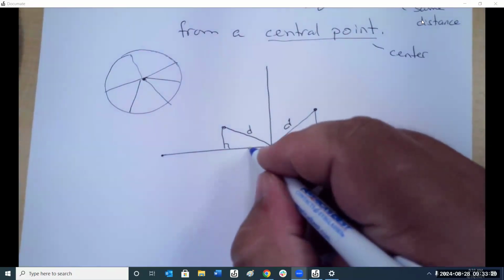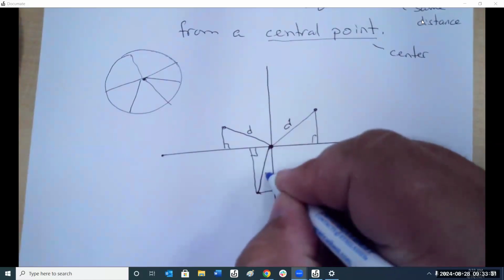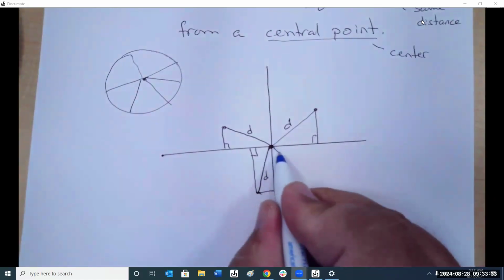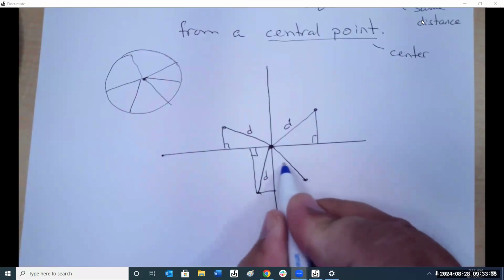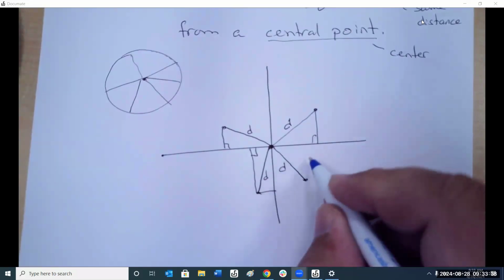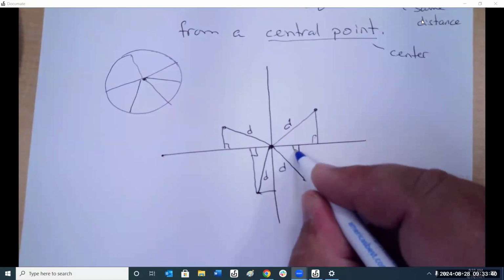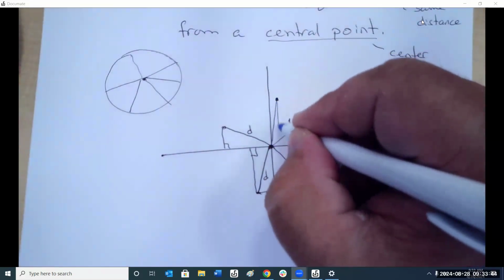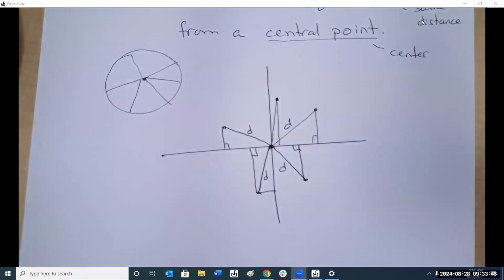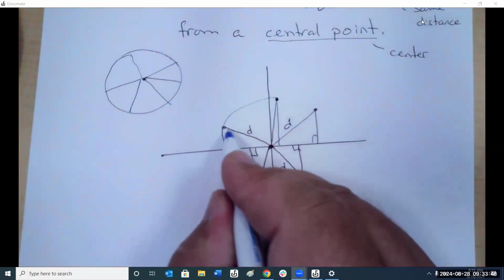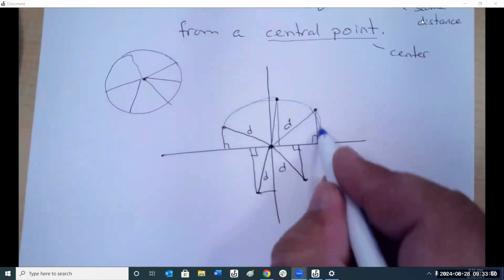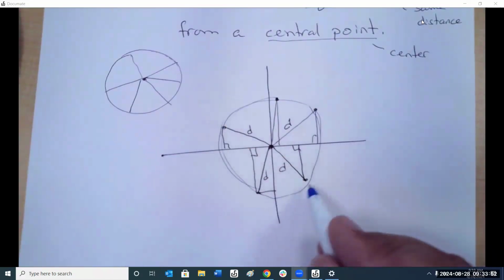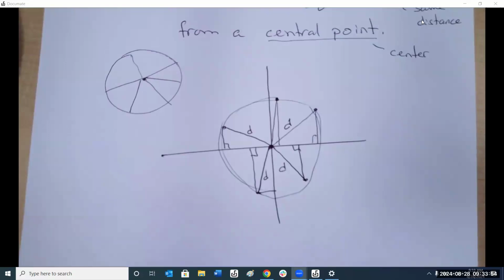All right, so I'll put it back over here. You notice all these points all have the same distance. If I keep on drawing them, eventually I can connect all the points. And that's supposed to be a circle.